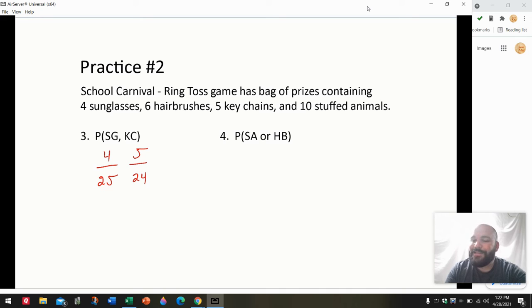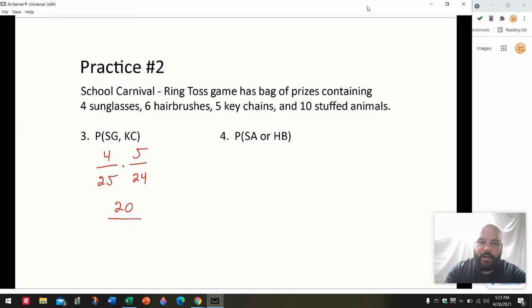So again, this is called a dependent probability because the second pick probability is affected by the first pick because we picked something and took it away. Now, when you have these compound events like this, or dependent probabilities, you need to multiply the 2 numbers together. So in this case, when you multiply fractions, it's top times top, which gives you 20.